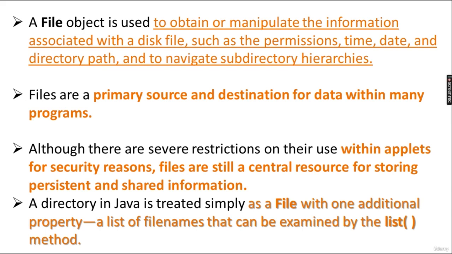A directory in Java is treated simply as a file with one additional property: a list of file names that can be examined by the list method. So a complete directory that holds files, or a complete folder in our Windows system, for example, if one folder is having Java files A, B, C, D, E, F. That XYZ folder will also be treated as a file, and it will have one extra property.